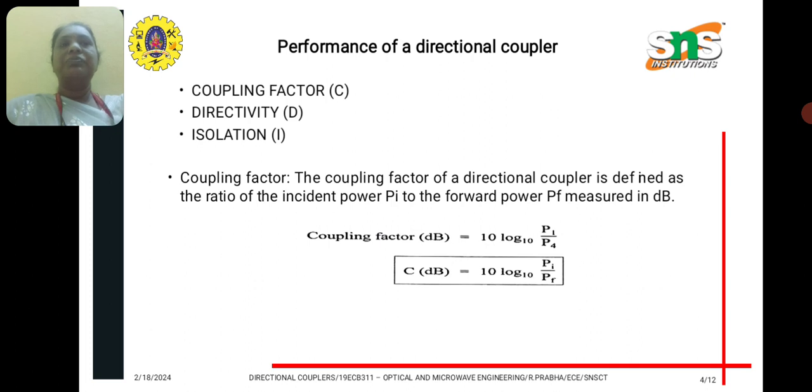The coupling factor of a directional coupler is defined as the ratio of incident power Pi to forward power PF, and it is measured in decibels. The coupling factor formula in decibels is 10 log 10 of P1 by P4, the incident power to forward power ratio. This is known as coupling factor.